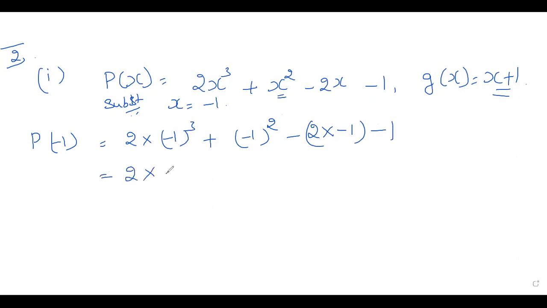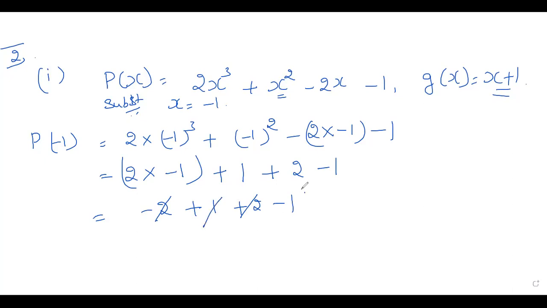So minus 1 cube is minus 1, right? Plus minus 1 square, that is plus 1. Next 2 into minus 1 is minus 2. Minus into minus is plus. It will become 2 into minus 1 is minus 2, plus 1, plus 2, minus 1. So minus 2 plus 2 gets cancelled. Minus 1 plus 1 minus 1 gets cancelled. So the answer is 0. So we are getting 0.